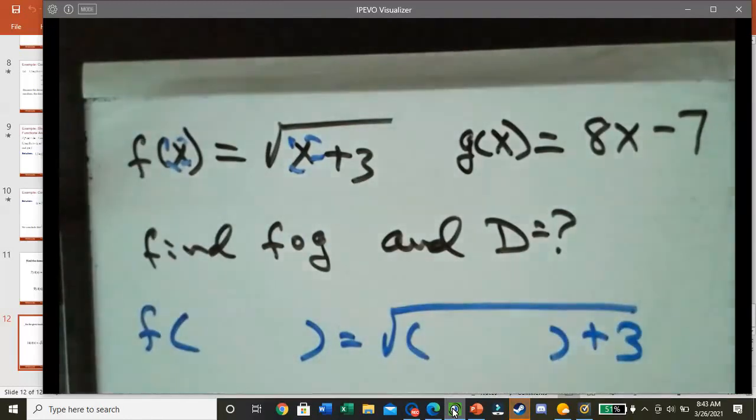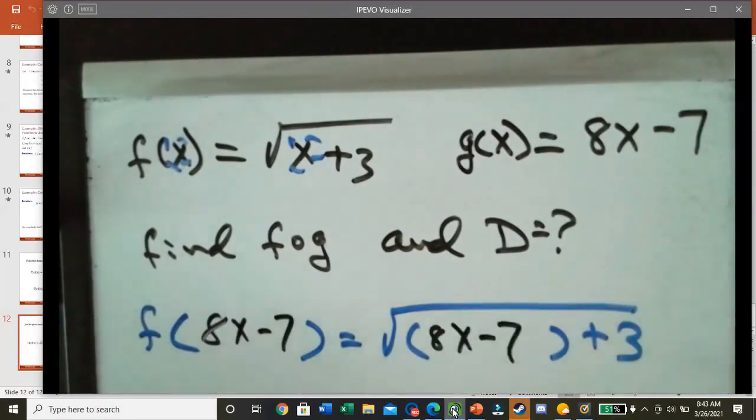Okay, so we cut the x out, right? And we go ahead and put it in our equation. All right, go ahead and continue with that, simplify that. And I'd like to have somebody come up to the board.